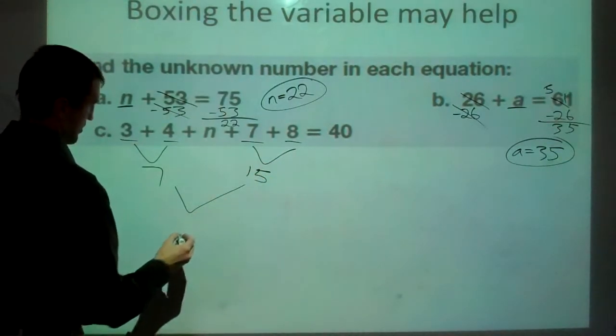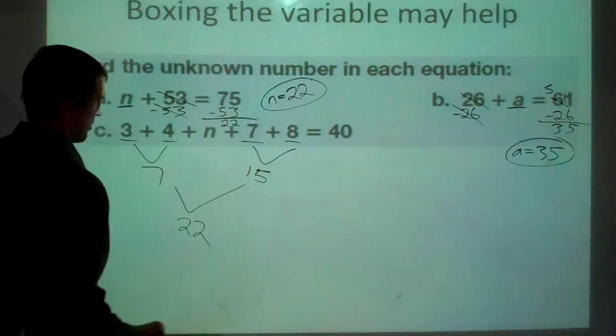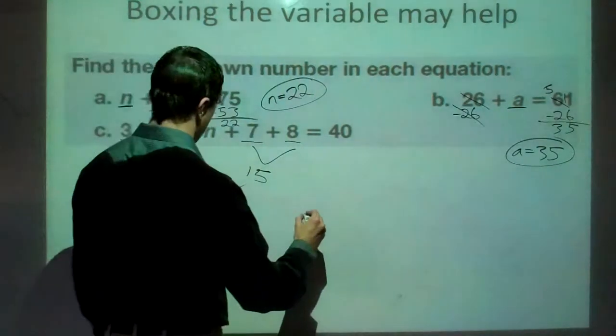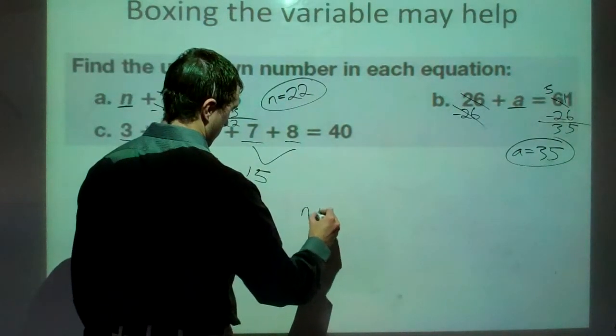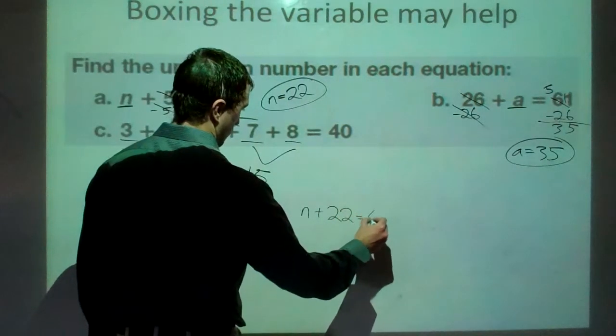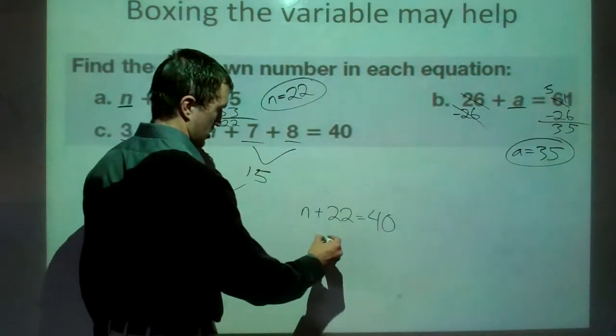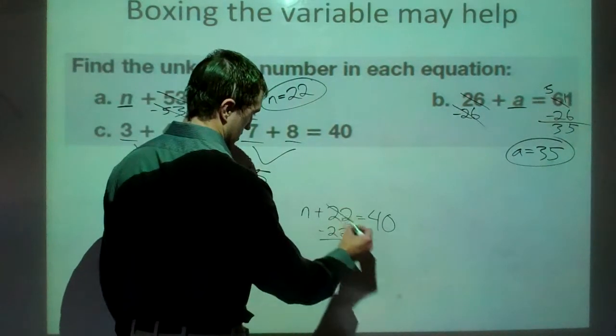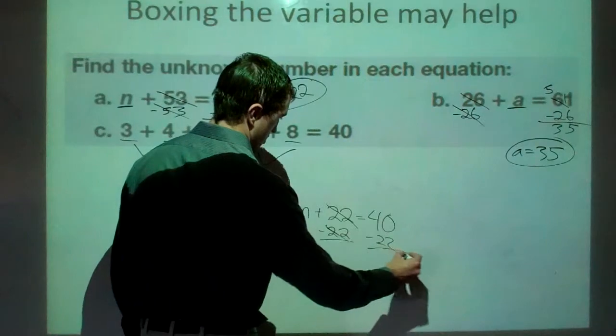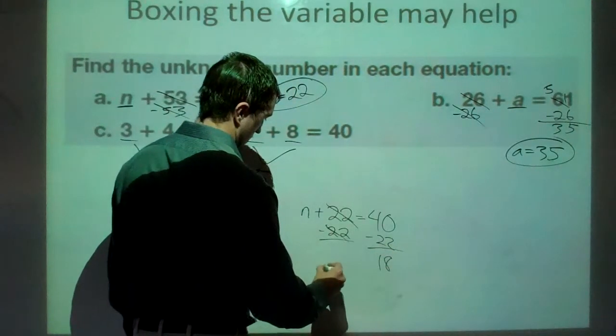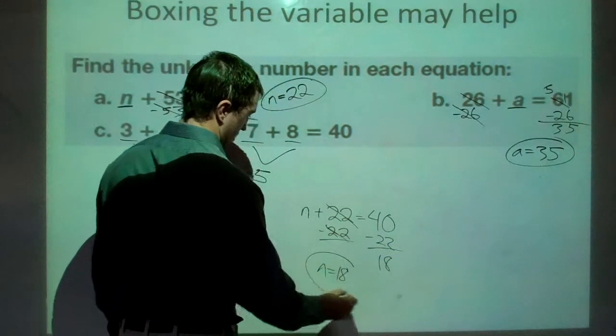And if we add those together, we get 22. So now our new equation is n plus 22 equals 40. After we subtract 22, we will get 18. So n equals 18.